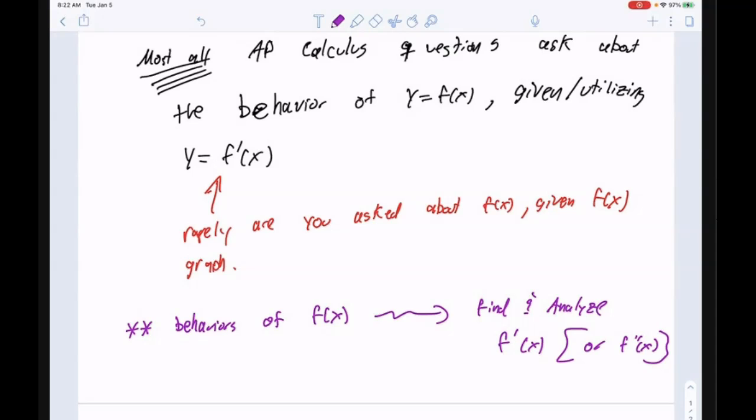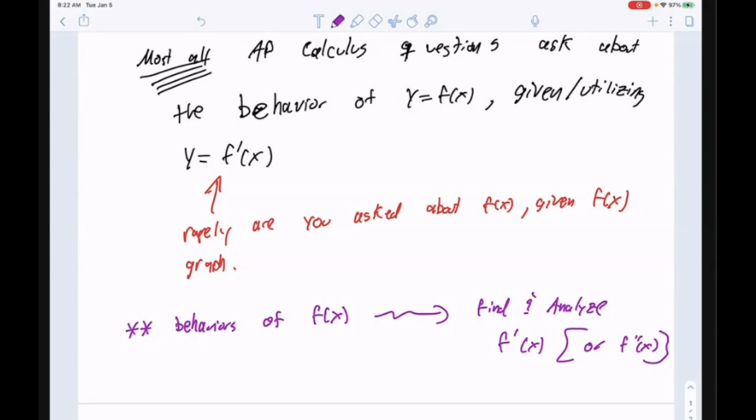Now, I have seen questions where they do something very similar to that on a multiple choice type, but there are slight variations. Rarely have I, but those questions, they gave you f of x and they kind of just reversed the question. So they gave you f of x and then they ask about f prime and f double prime. That's slightly different.